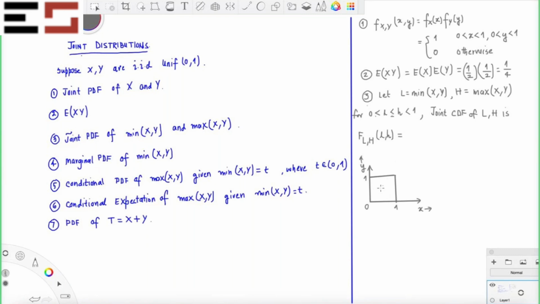Notice that this is the support of X and Y. These are the set of values that X and Y take. Now min(X, Y) equal to L, how do you plot that?